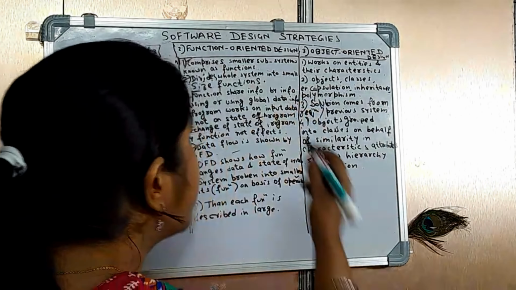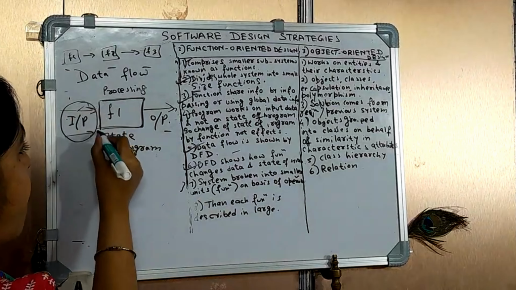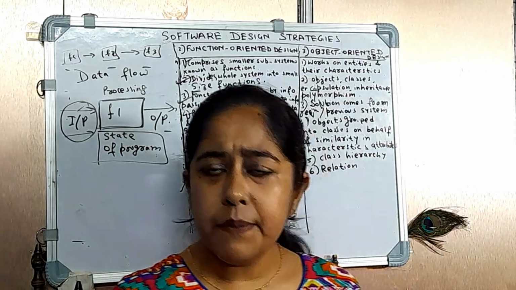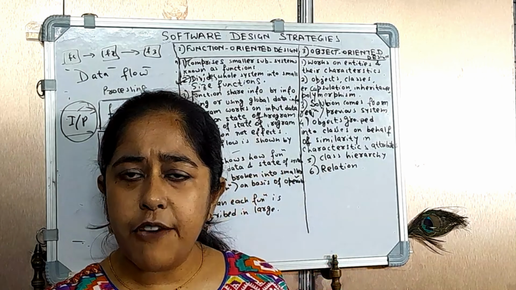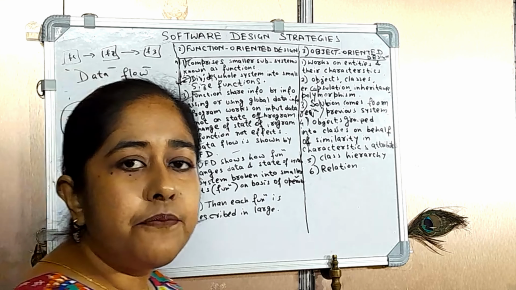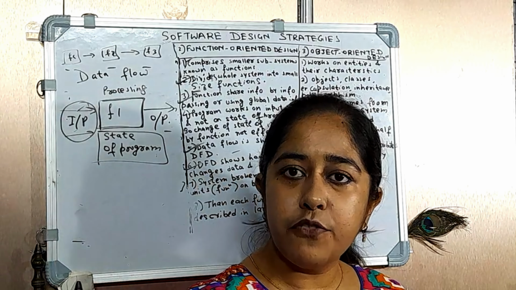So in function oriented design, what happens? It mainly focuses on the input, and it doesn't focus on the state of your program. Whatever the state of the program is, it doesn't affect your function. Since it is not looking at the state of your program, it is a privilege for the development team.